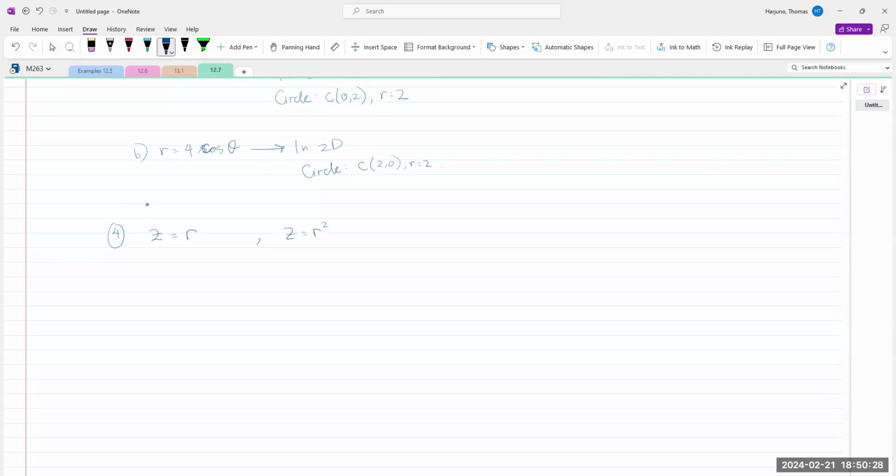Notice that in 3 dimension, these two equations are missing theta, right? So when we graph r equals z in 2 dimension using the rz-plane, with r and z axes, it is actually this line here.